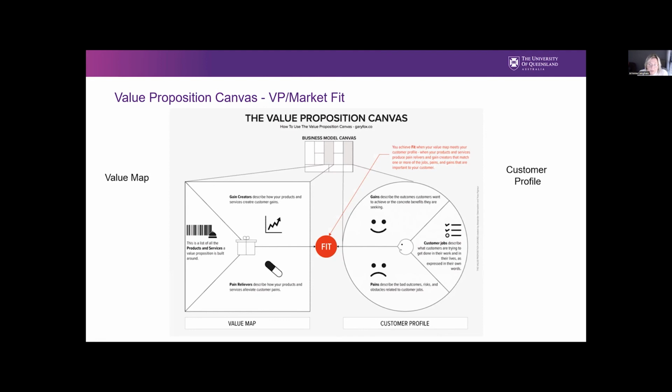And then finally, the products and services that you'd be offering to address the jobs that they're doing. When these things come together, you're comparing them to make sure that there's an actual fit between the values that you're intending to provide to the customer and the actual things that they need.